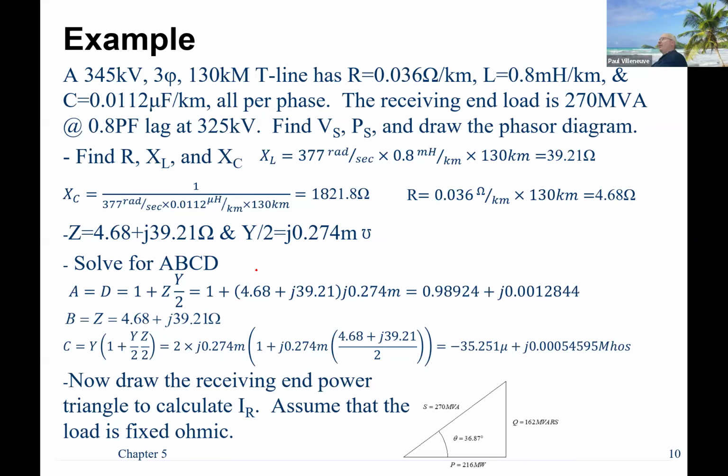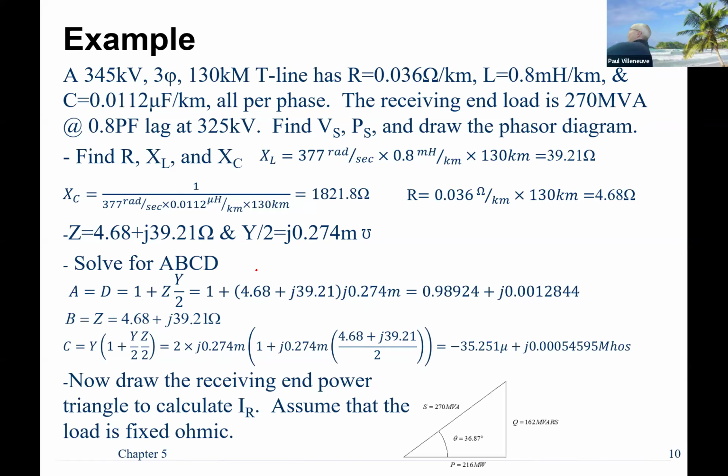All right, does everybody understand what the question is asking? You want to see basically what the sending end voltage and power need to be to feed that 270 MVA at a 0.8 lagging power factor load, given the line parameters that are specified. All right? Everybody understand what's being asked?